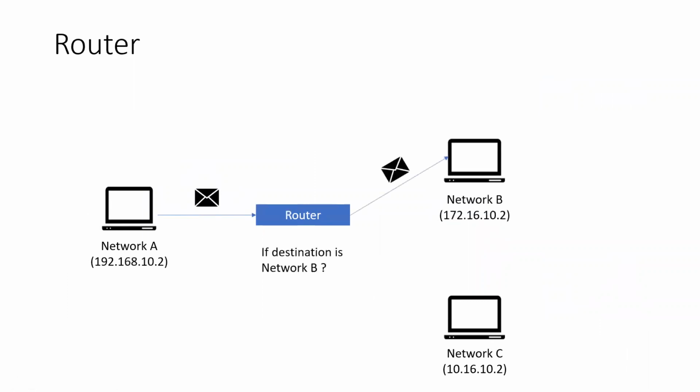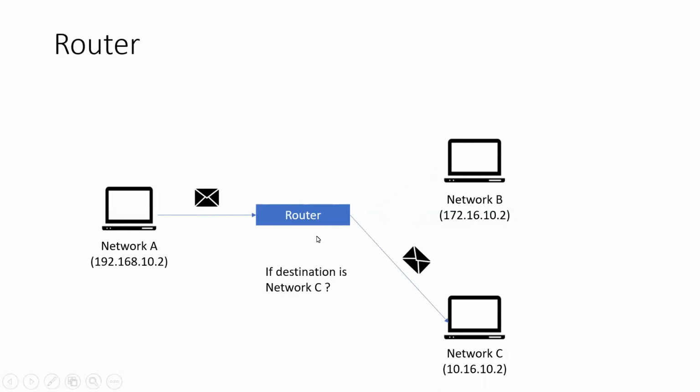The router will have the information on how to get to network B, and so, as the destination address is network B, it is going to route that request all the way to network B. Similarly, if the packet goes towards network C, the destination comes in as network C, and the router, based on that destination address, is going to route that information towards network C.